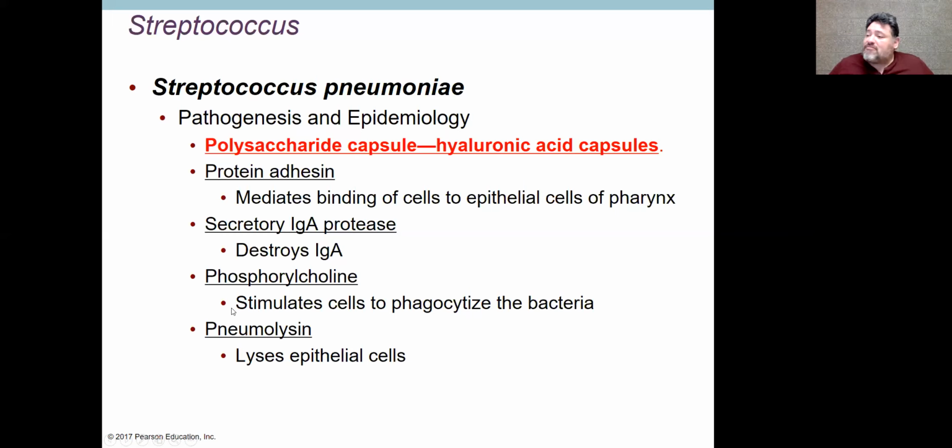What's it going to do next? The same thing all over again. It's going to attach, IgA protease, phosphorylcholine is going to go in, and then pneumolysin. What is this thing doing? It is traveling through the tissues of your lung, reaching deeper and deeper tissues where it can cause even more pathology. It's incredible.